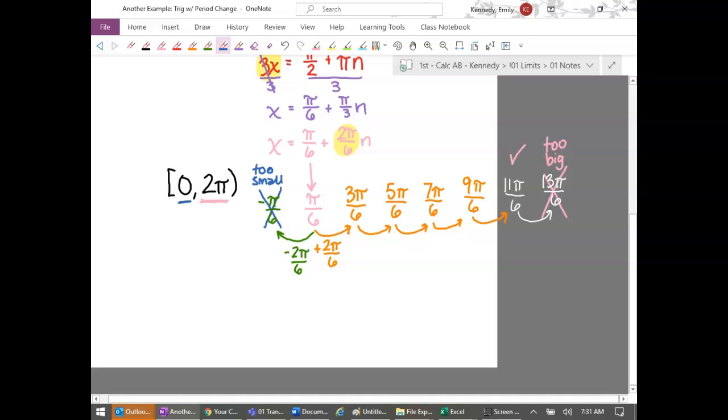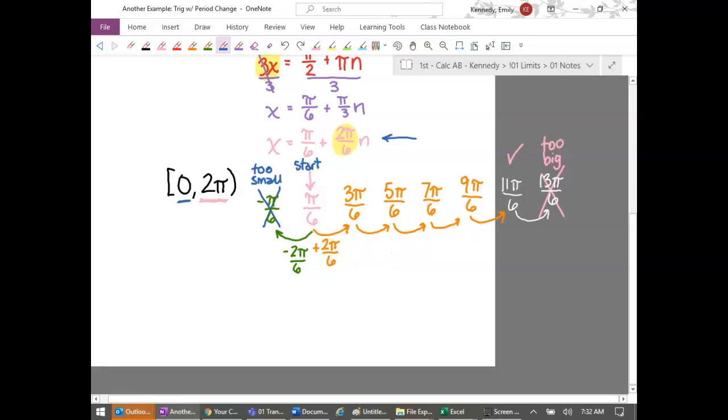But once again, the way this expression is set up gives me a starting point. And depending on choices you made earlier, you might be starting at pi over 6 like me, or maybe you started at 5 pi over 6, or maybe you started at pi over 2.